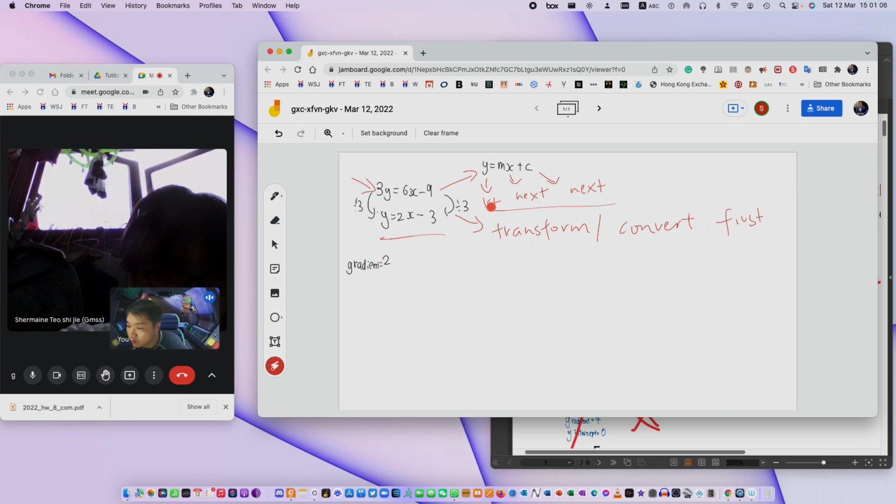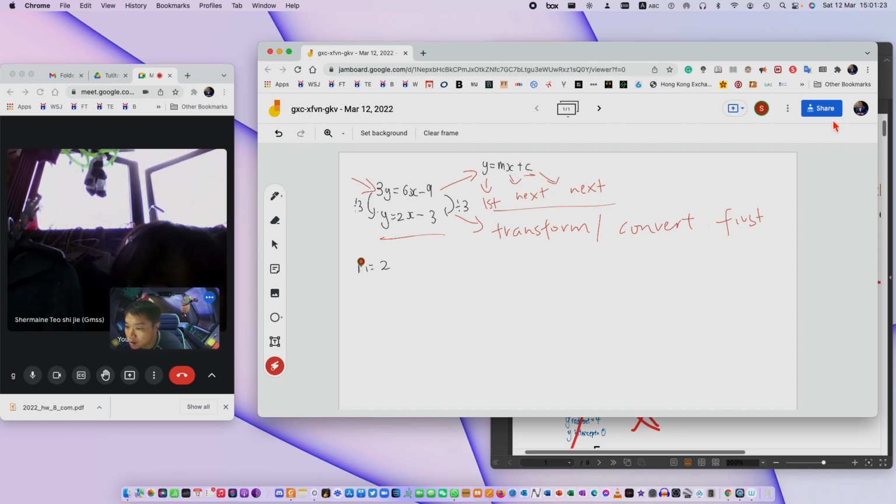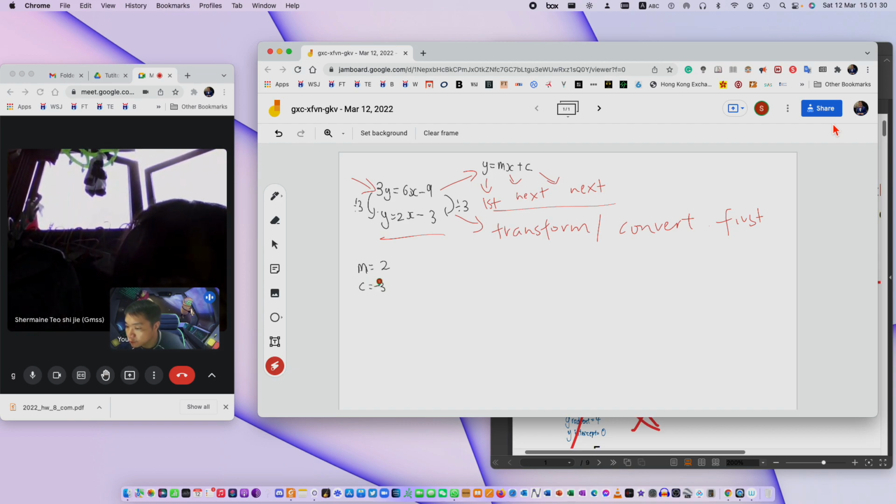Don't make life difficult for yourself. It's not a big M, it's a small m. This is a small m. This is a small c. It matters. 3 or minus 3? Minus 3. Okay, good.